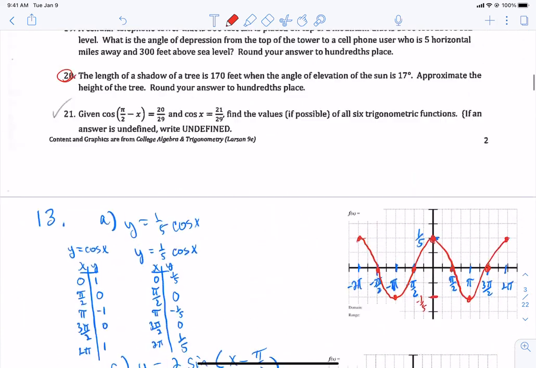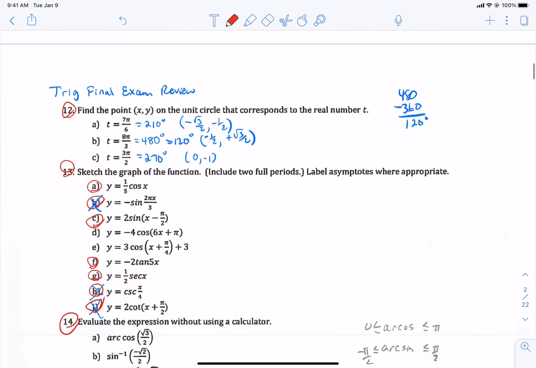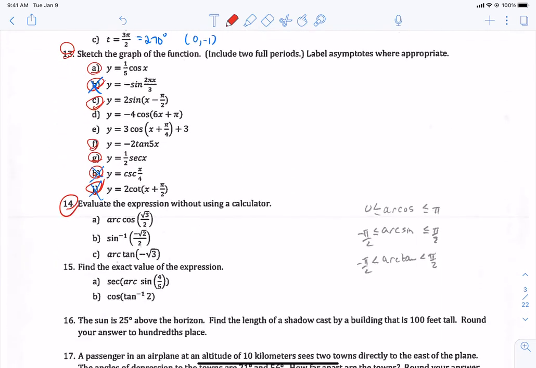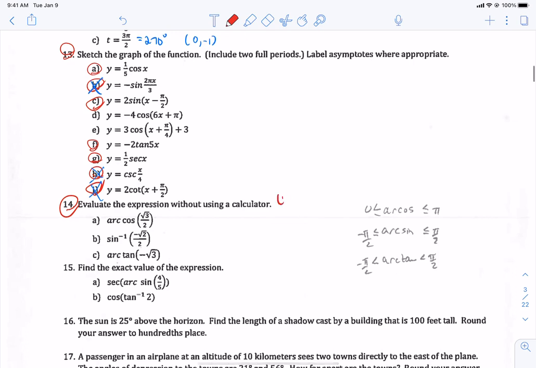Okay, next, let's go back up and continue with problem 14. For 14, it says evaluate the expression without a calculator. So that's going to tell you to use the unit circle. This little guide is going to be helpful.